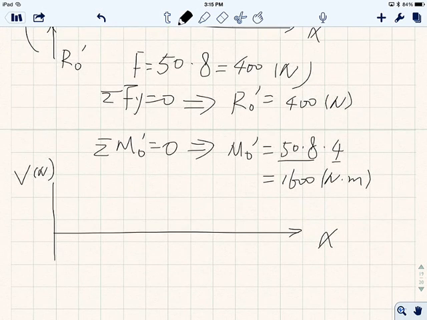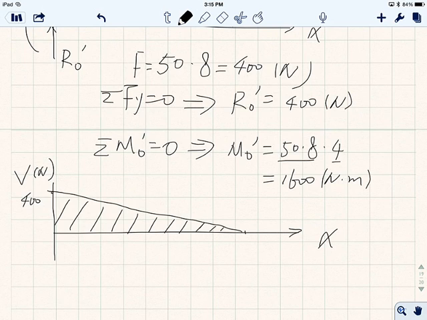So we automatically know this is 400, and then it's going downwards like this. Right? Because dV divided by dx equals negative q, which is negative 50.